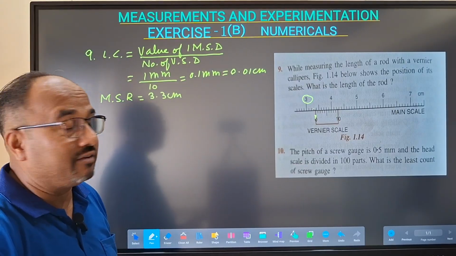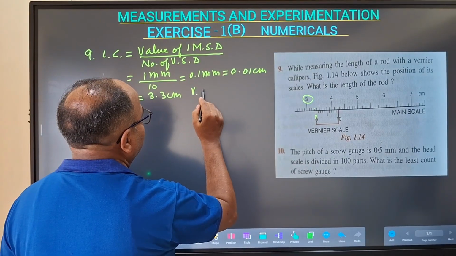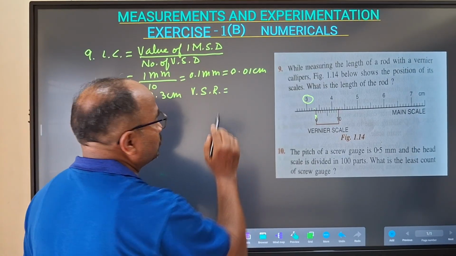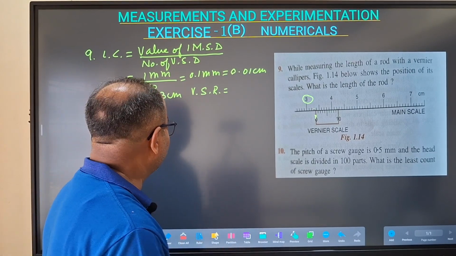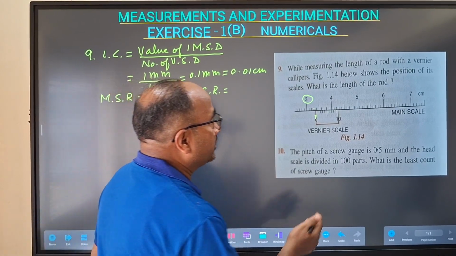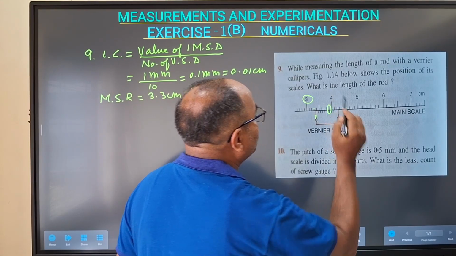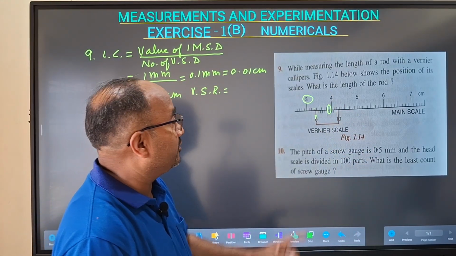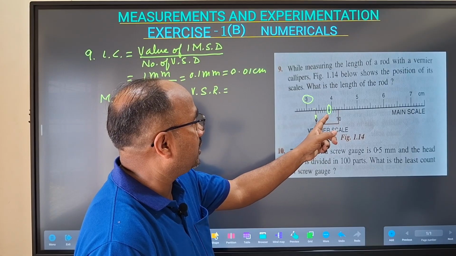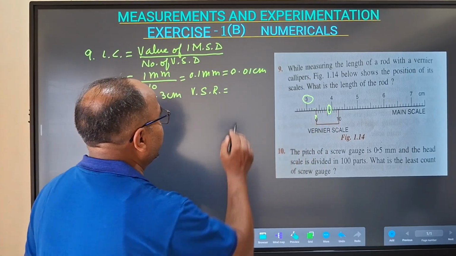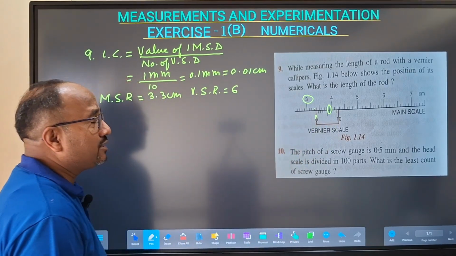Next we will require the vernier scale reading. So you need to see which one is coinciding here. Exactly this one is coinciding. And which is that one? The fifth one, you can see a longer line. The sixth one is coinciding. So your vernier scale reading is 6.